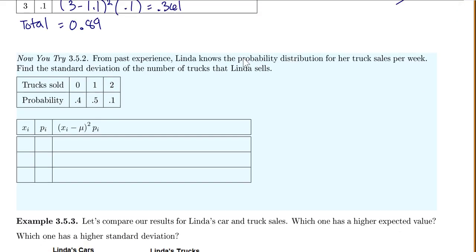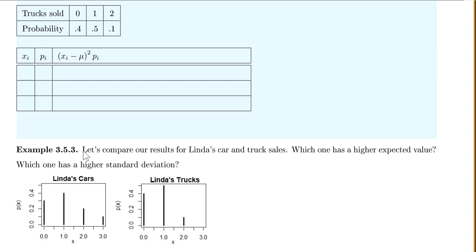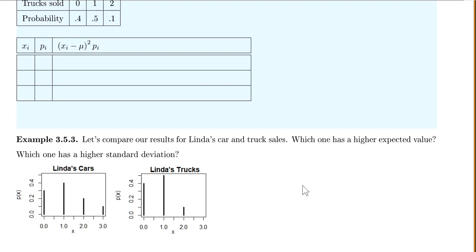Now, you can try this for the number of trucks she sells, and then we can compare our results. So we had our results for Linda's car and truck sales. Okay, and we want to know which one has a higher expected value, which one has a higher standard deviation. So for cars, we had a mean of 1.1, and let's put x's on to remind ourselves this is for random variables, and a standard deviation of 0.9434.